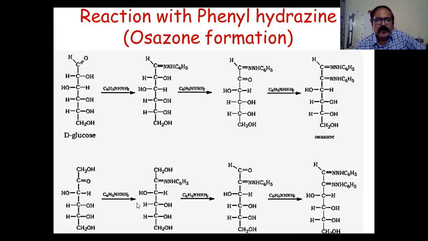Phenylhydrazone is formed. Now the second molecule comes into the picture. In the same way, the phenylhydrazine will remove 2 hydrogens from the first carbon.